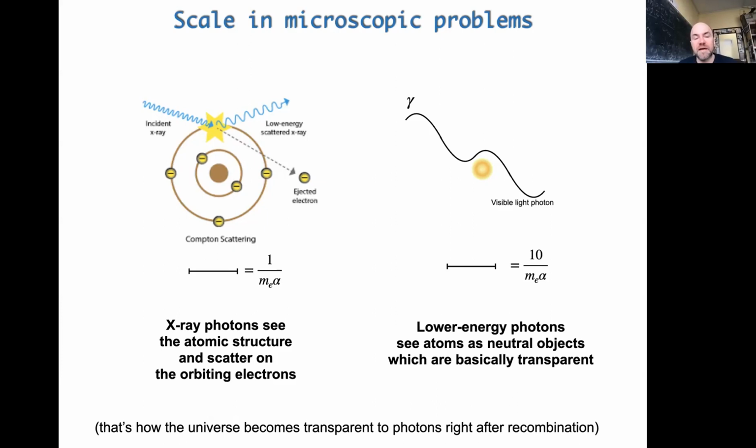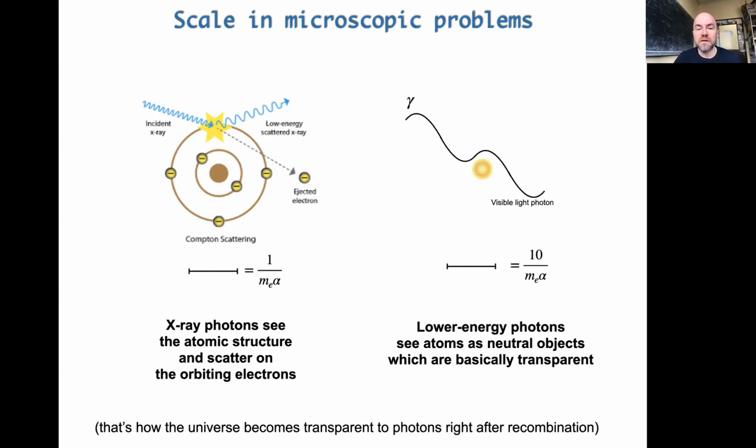If this photon has a high energy, that means it will probe small distance scales. The photon can peer inside an atom and see that the atom is made of positive and negative charges. So if you have a small distance scale probe, like a very high energy photon, you can see each charge separately.